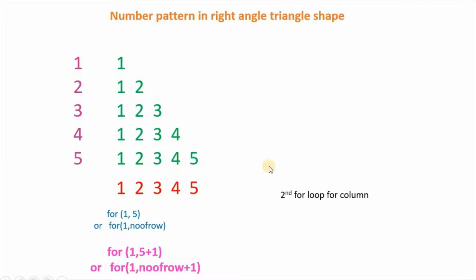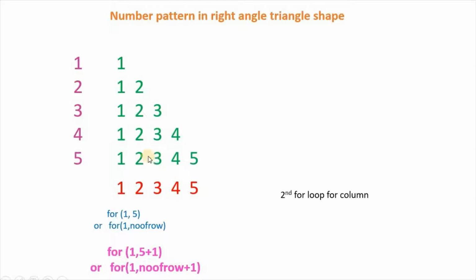For the second for loop, which is for column, we can see when there is row 1, column is 1. When there is row 2, columns are 1 and 2. When there is row 3, columns are 1, 2, 3. When there is row 4, columns are 1, 2, 3, 4. When there is row 5, columns are 1, 2, 3, 4, 5.